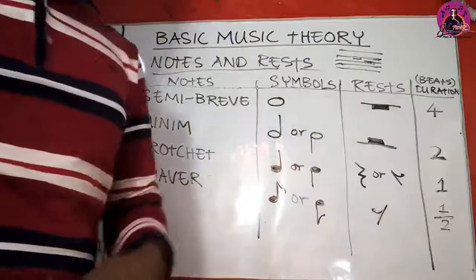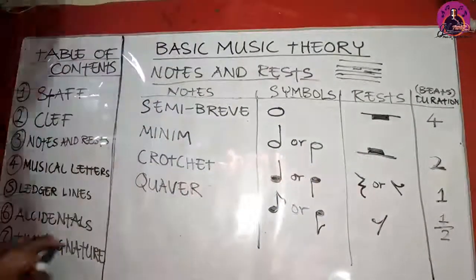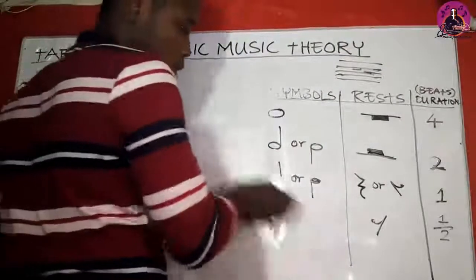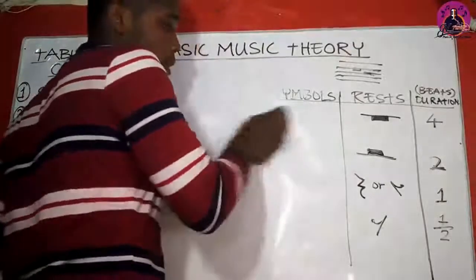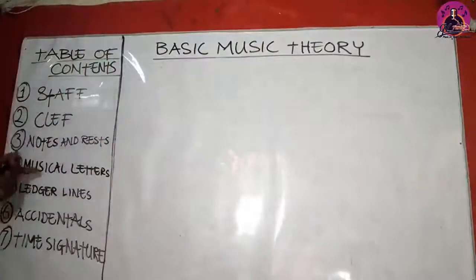You will understand as we go on and as we begin to apply them in music. Make sure you assimilate this very well, because this is what you'll be seeing mostly when we go into playing the violin. Now the next thing we're going to look at is item 4, which is the musical letters.